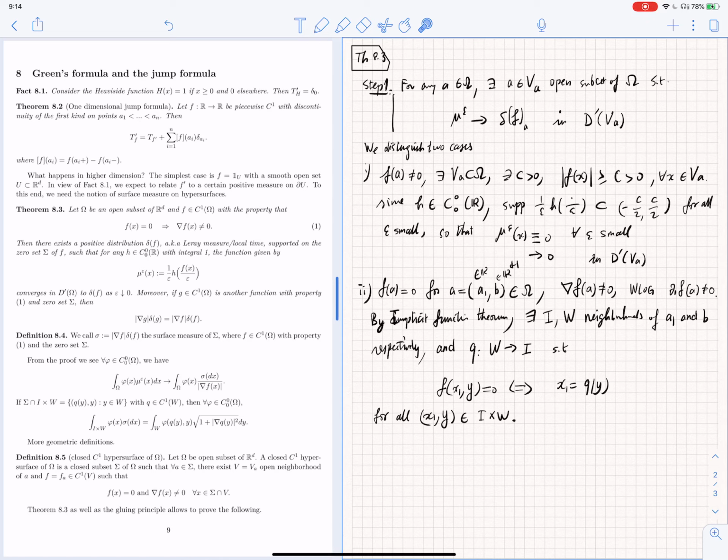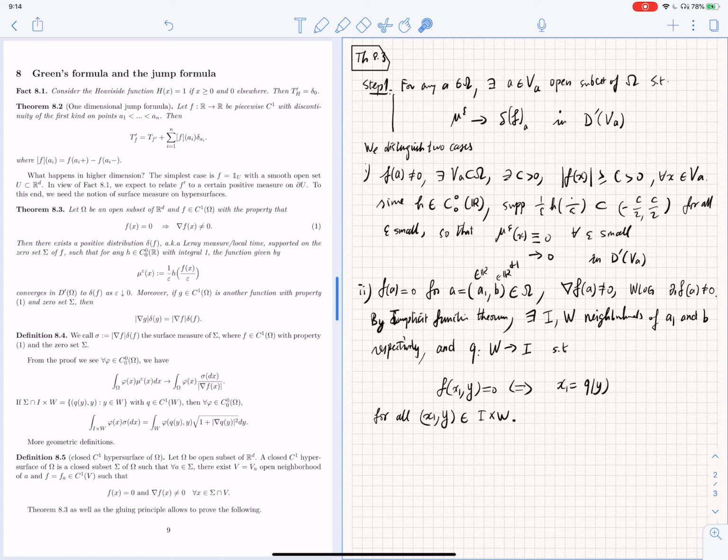So this theorem is very important. Now we have an explicit expression of x1 in terms of y, such that we are working on the hypersurface, the zero level set of the function f.